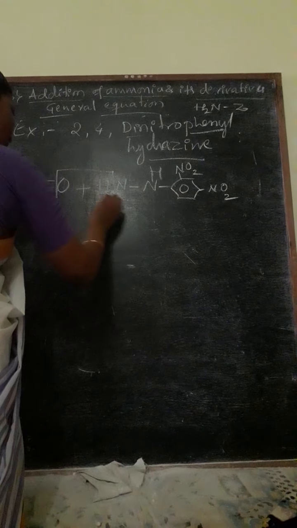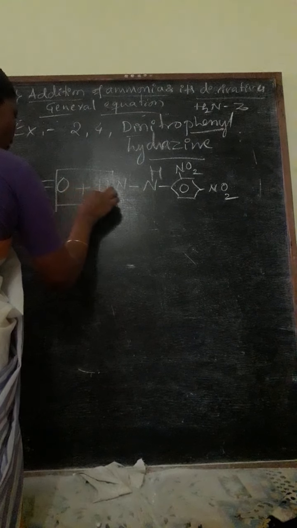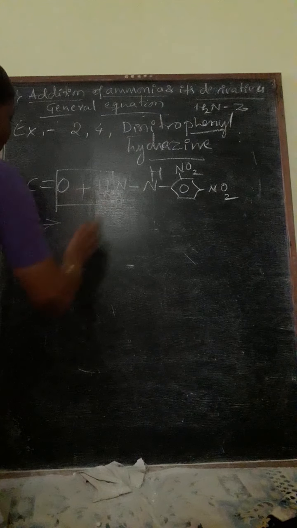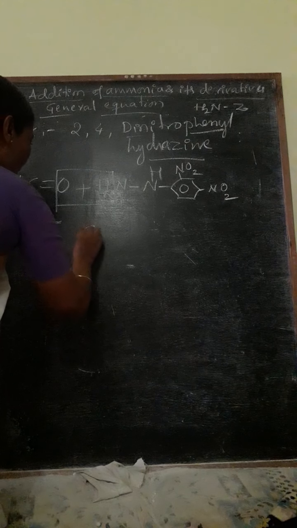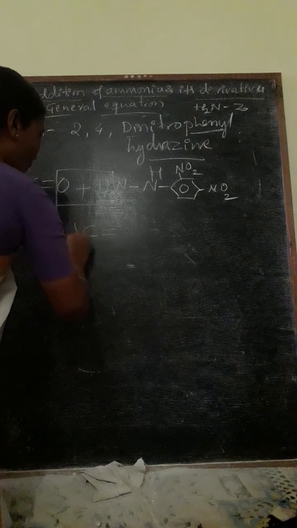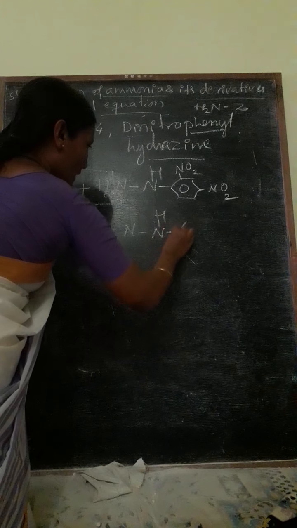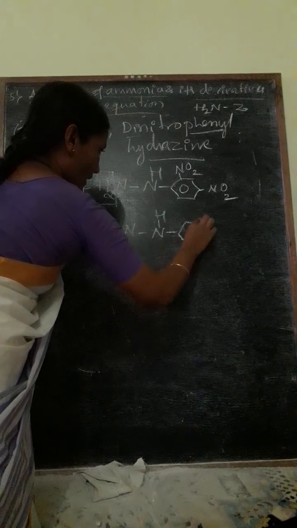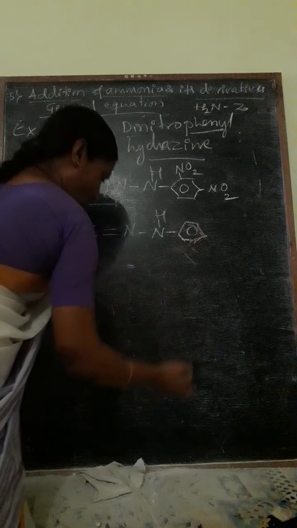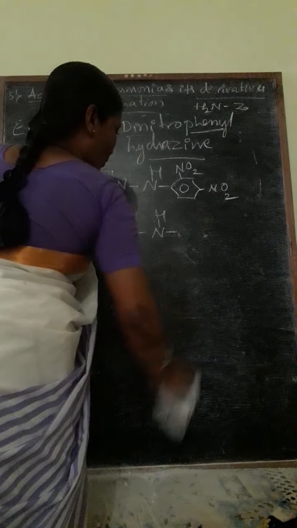In simple form, I will take the equation. Elimination of water is taking place. The complete molecule is reduced to C double bond N, then NH, and the remaining is the benzene ring with nitro groups at positions 2 and 4.